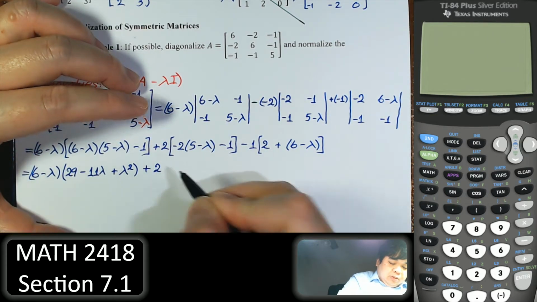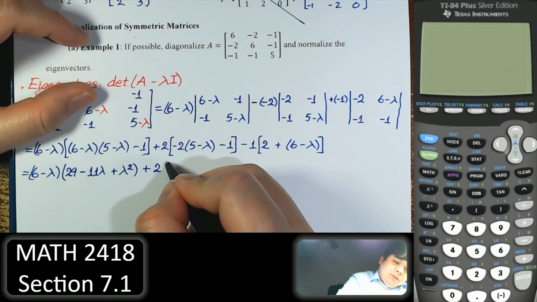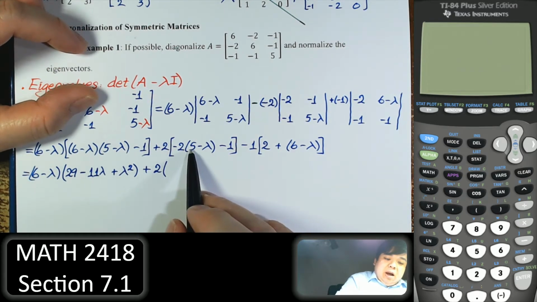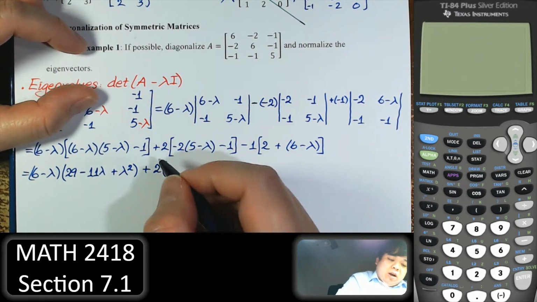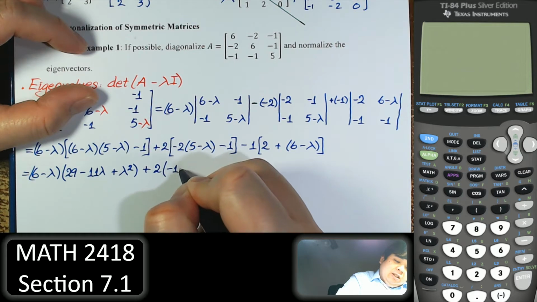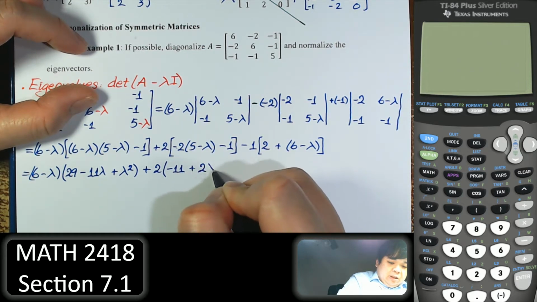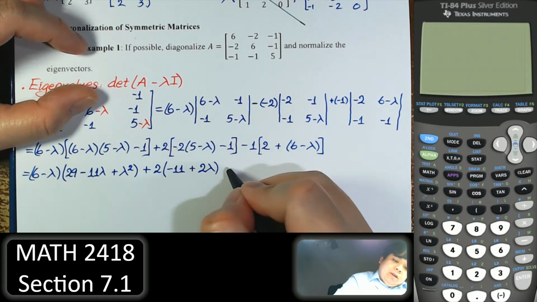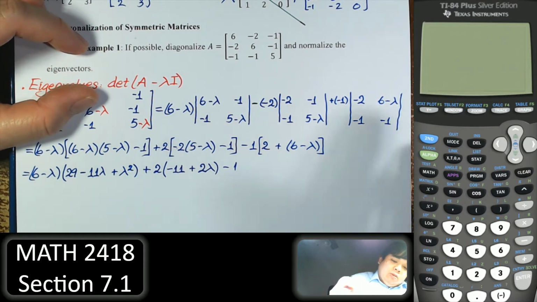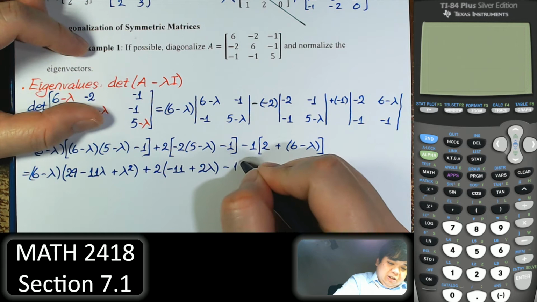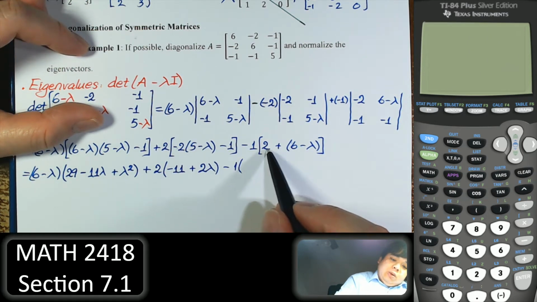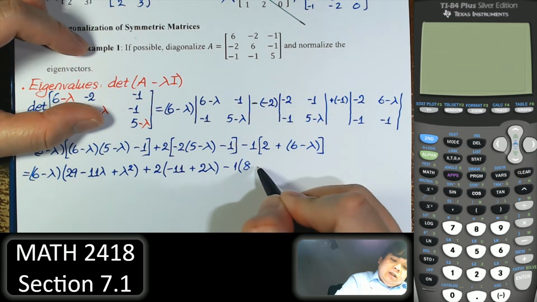Plus 2 times the quantity minus 10, minus 1, which is minus 11, plus 2 lambda. Minus 1 times the quantity 2 plus 6, which is 8, minus lambda.